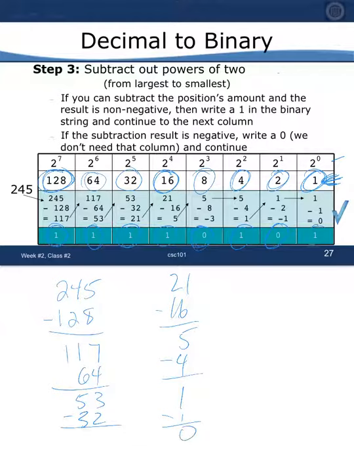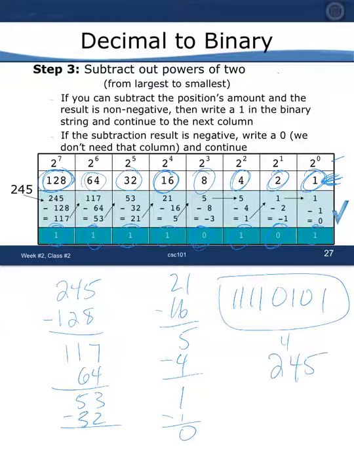And I'm broke now, I have no money. If I've kept track of my digits, the binary number at the bottom, 11110101, should hopefully equal our number, 245.